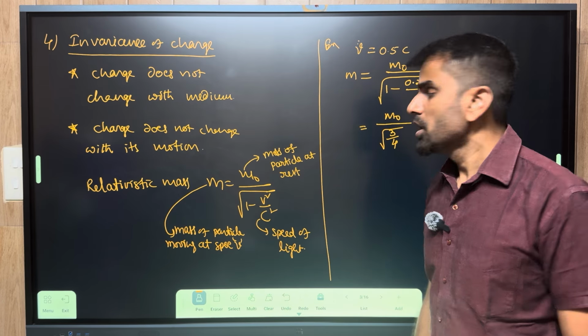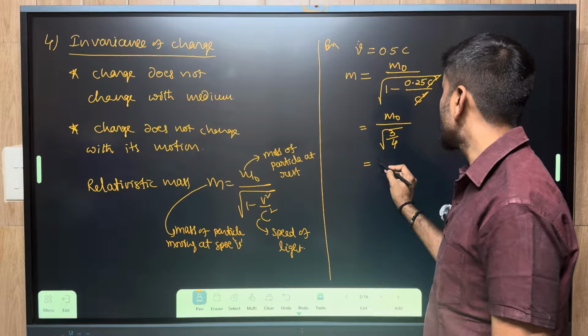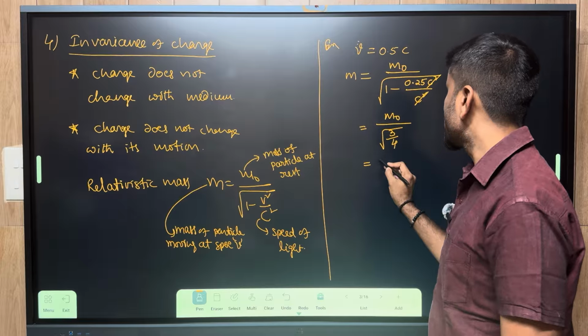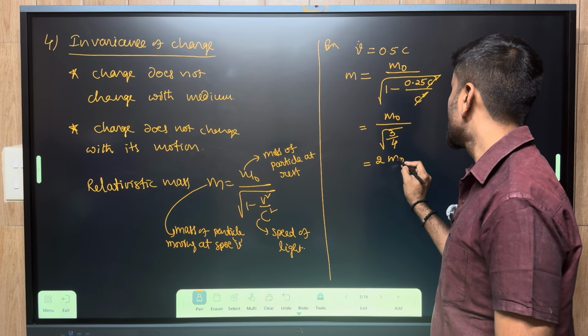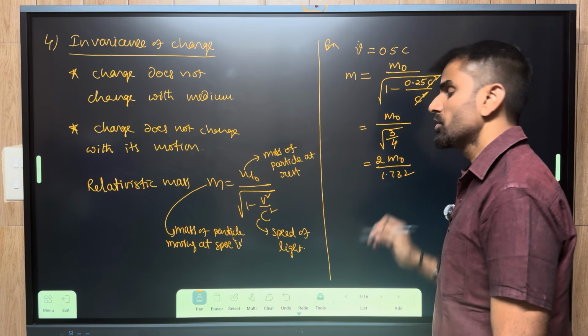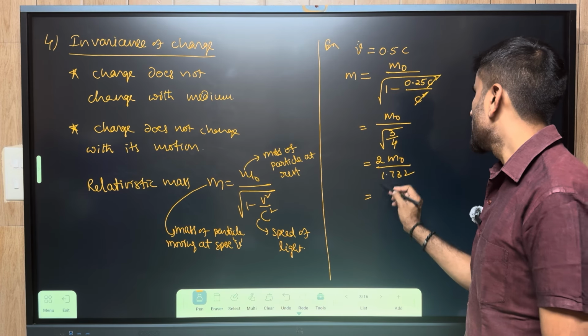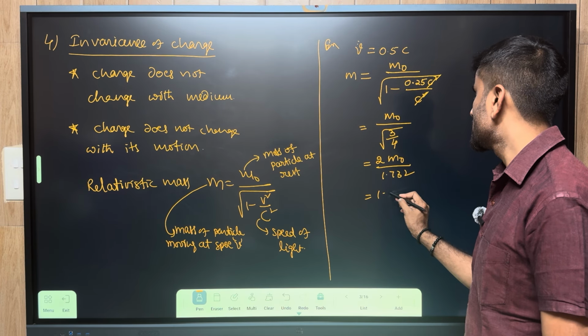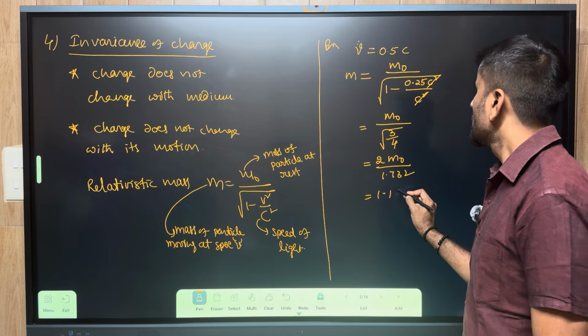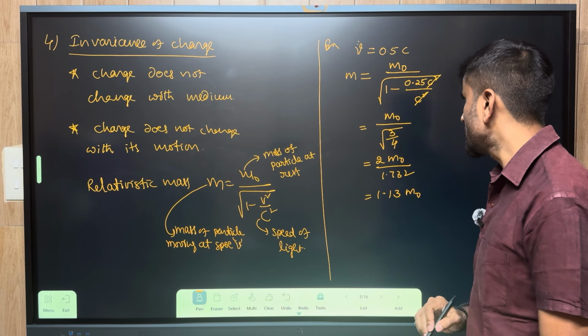If I simplify this, root 4 is 2, and this 2 can be taken to the numerator: 2 m naught upon root 3, which is 1.732. So 2 by 1.732 would give you approximately 1.13 m naught.